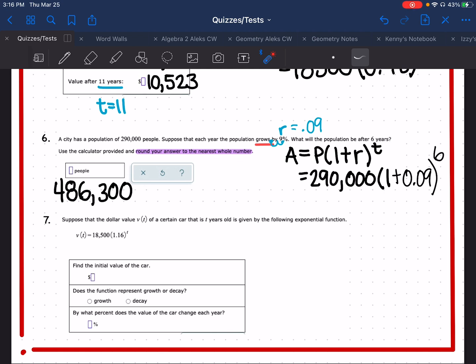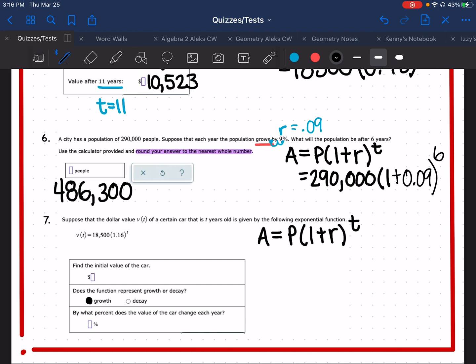So they want me to find the initial value of the car. So this is a growth function because it is 1.16. And so this would be my formula right here. Okay, and we already know the answer to the second question. This one is a growth because it is 1.16.